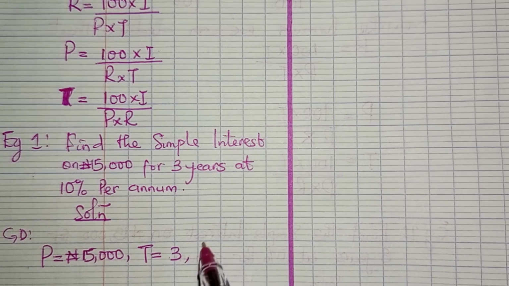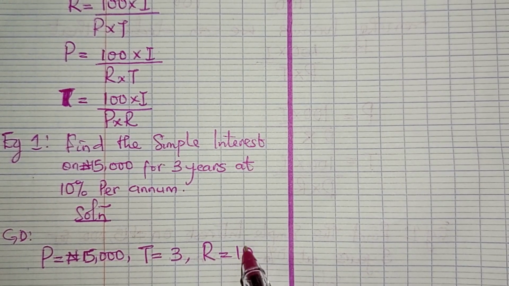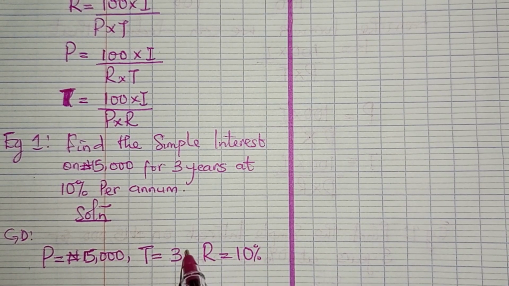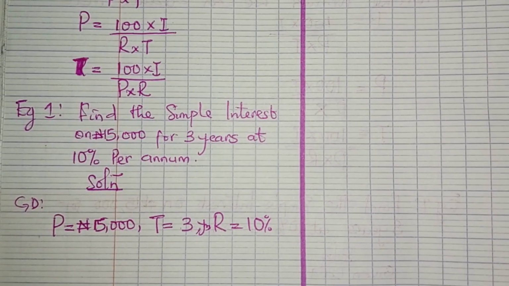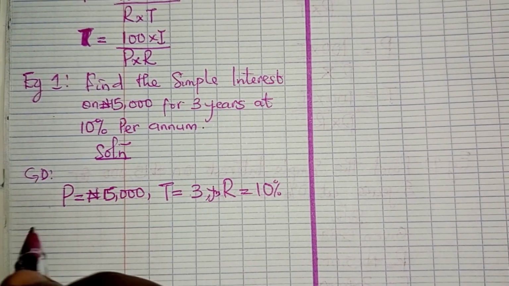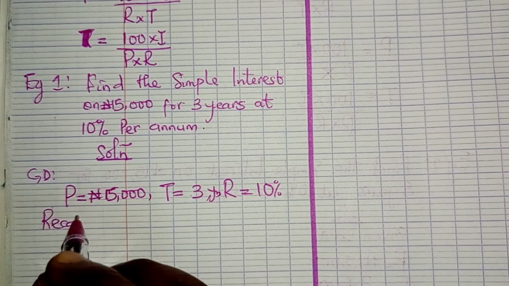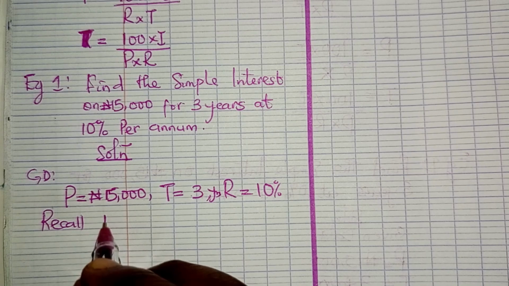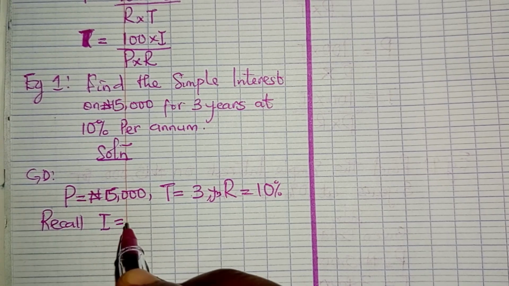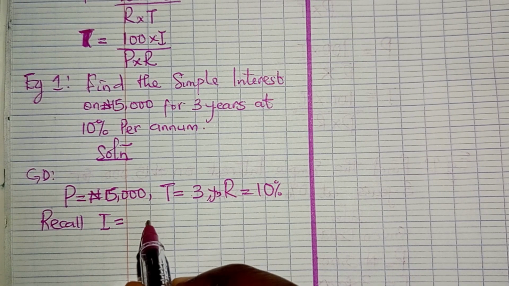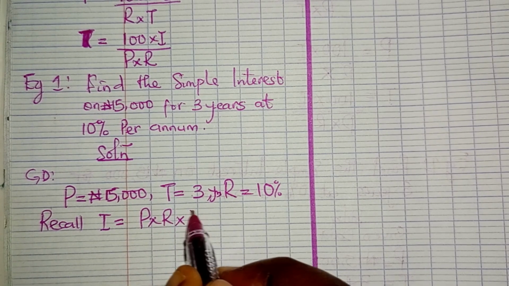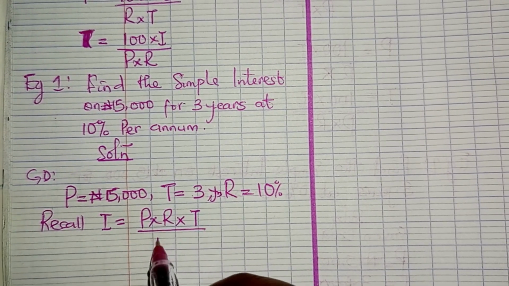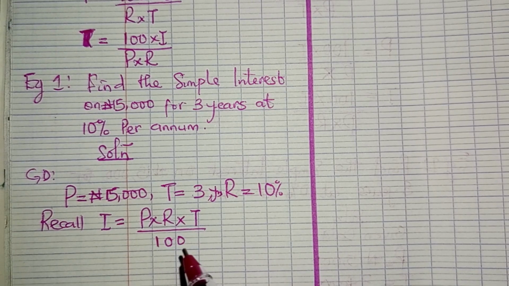So our rate is equal to 10%. Then recall that interest is equal to principal multiplied by rate multiplied by time, all divided by 100.